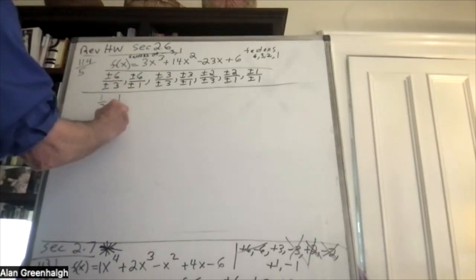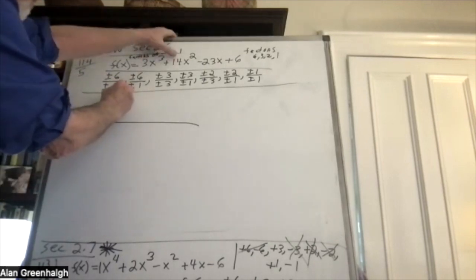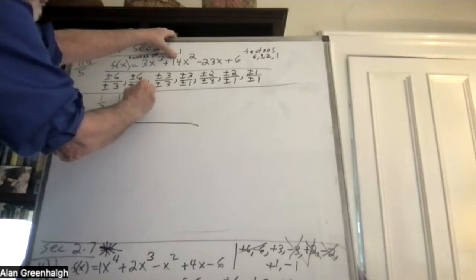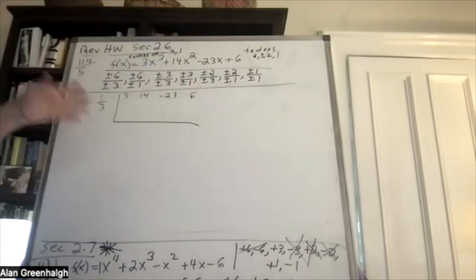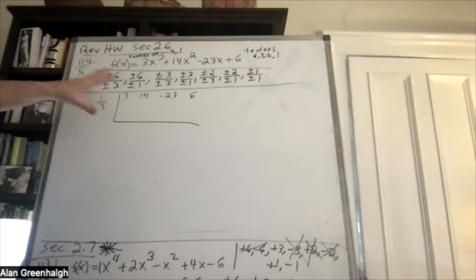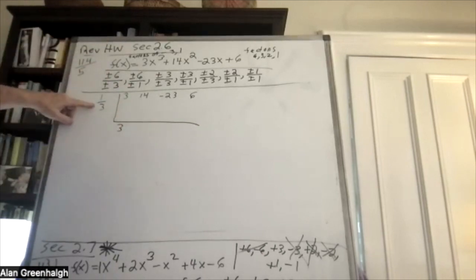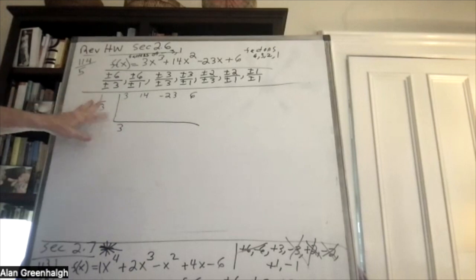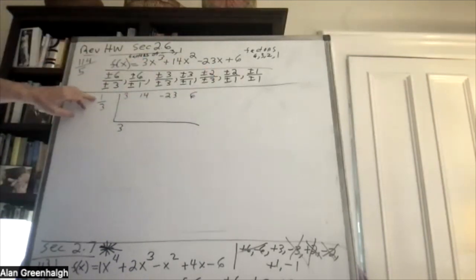That's really nice. So 3, 14, -23, and 6. This is a real pre-calculus question. So you bring down the 3, and it's a fraction. They made this about as hard as you could make it, and they're using 1/3 as one of the factors.